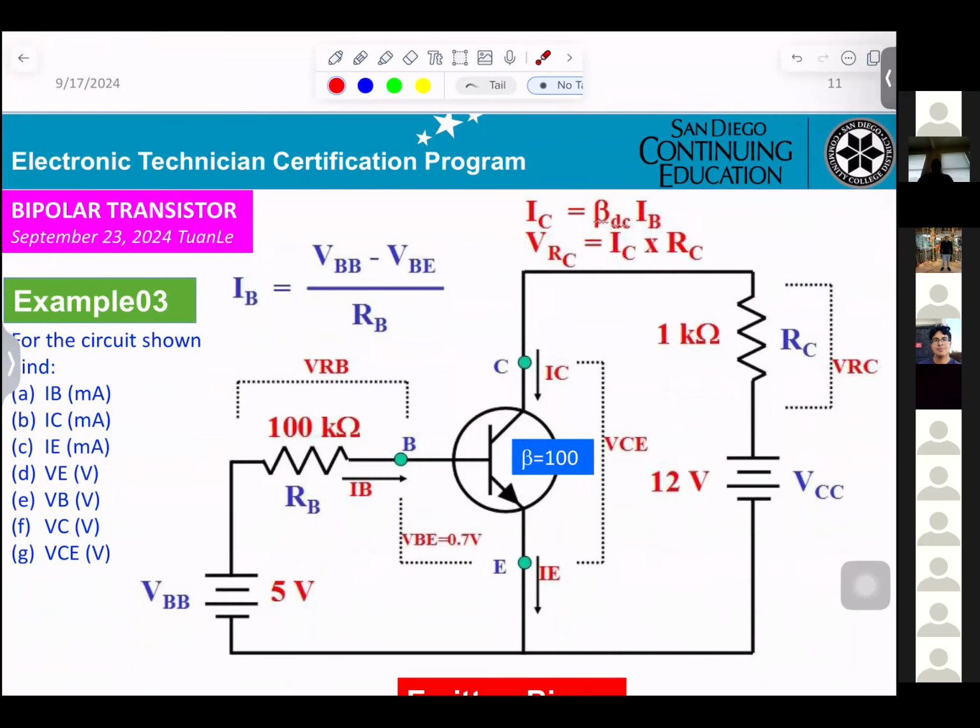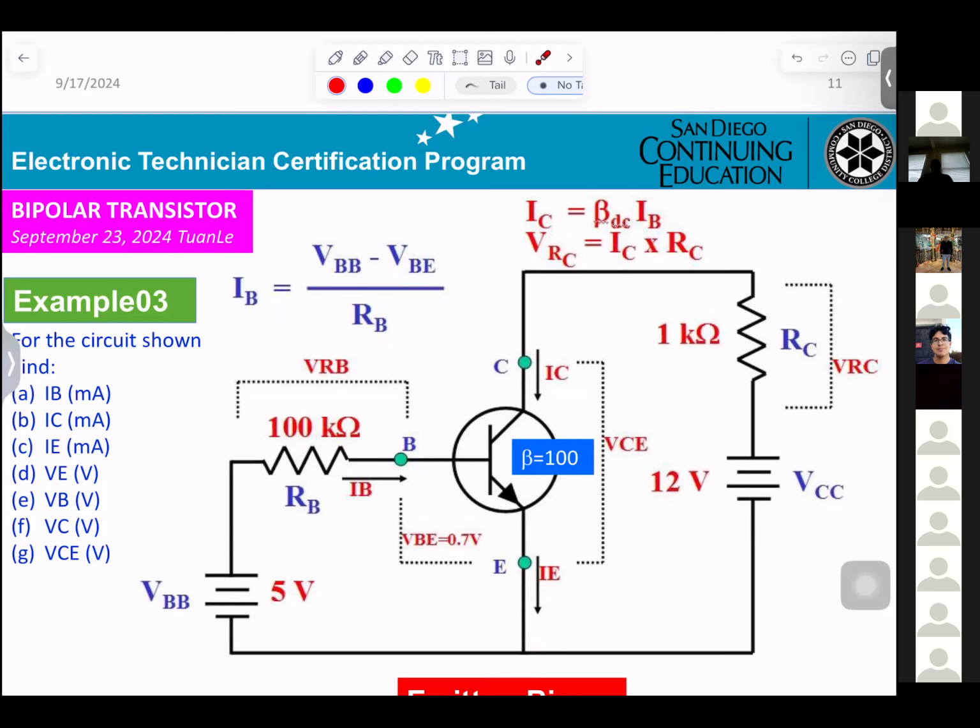Okay, this is example number 3. You guys are supposed to do it. Like they want to calculate IB. That means I already calculated. You can draw the loop here. You can get IB. After you get IB, you can get IC, you can get IE. VE, you know is 0. VB, that means the voltage from here to the ground, I know will be 0.7.